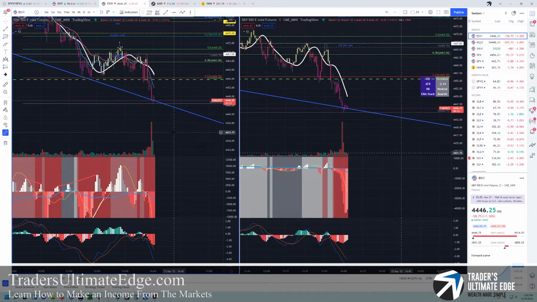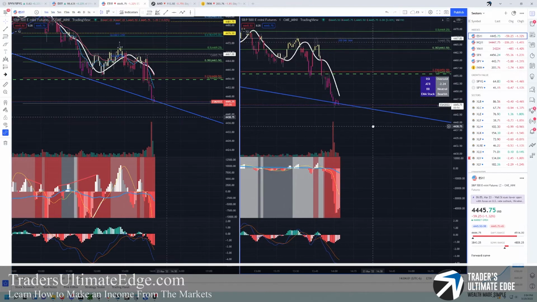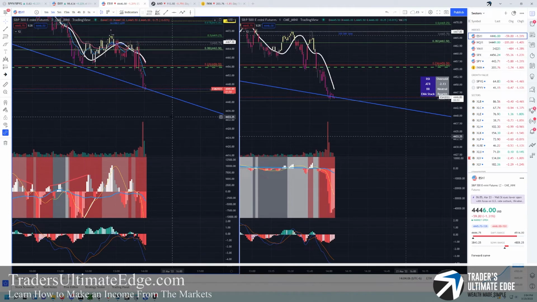It's trying to find fair value by going up and down and up and down and then up and down, finally deciding that it can't find fair value in that range and it has to push down further to try to find it. That's what the head and shoulders pattern is, and that's what it's doing. And it can't find fair value at the moment. So we just need to let it complete these patterns, and we can trade inside of these patterns intraday.